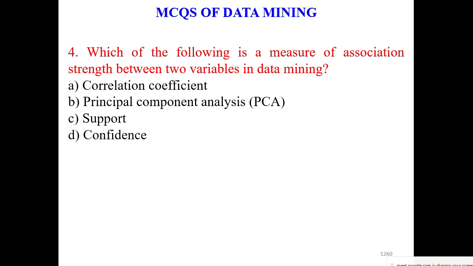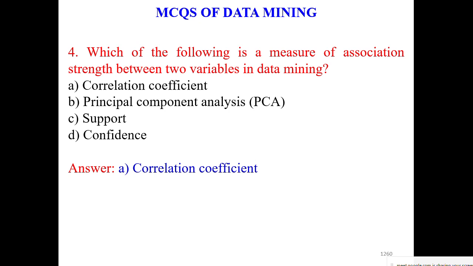I was thinking association rule mining. No, it is not association rule mining. Association strength means related, correlated strength between two variables. Measure of association means correlation coefficient. A is the correct answer.